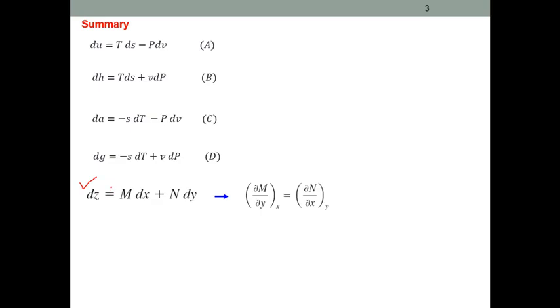Now if you look carefully, this general form of the equation is the same as the above four equations. Let's say dg is dz, and M is minus S, with dx being dT, and N is this variable with dy being dP.